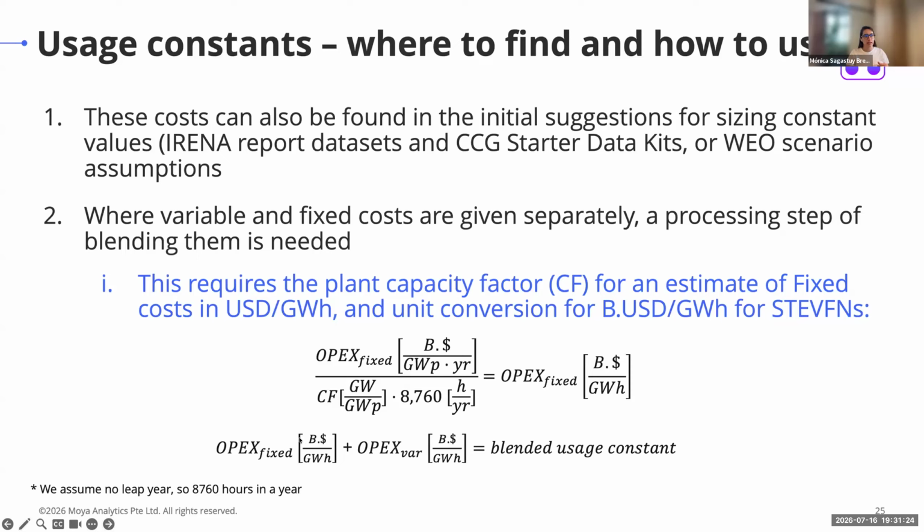Then you can have the fixed plus the variable. So you cannot just directly use the values as they are. There needs to be some unit changes for being able to blend it.